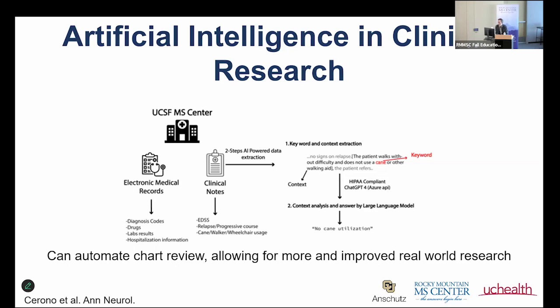As you see on the right, it looks at the language and the wording and then pulls out key features and then basically loads that into a database where it could all be analyzed without having to go through thousands of charts, which may take thousands of hours. This probably was reduced to a few hours of computer processing time once it was set up. So we're really interested in doing this just because we think this type of data processing is super valuable, especially for clinics that have thousands of patients to follow.